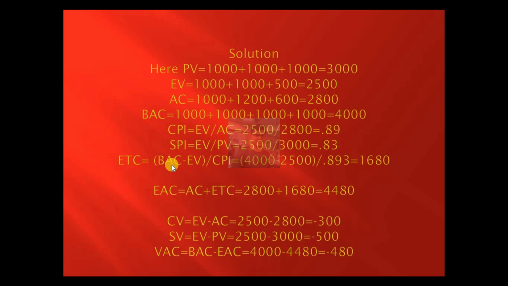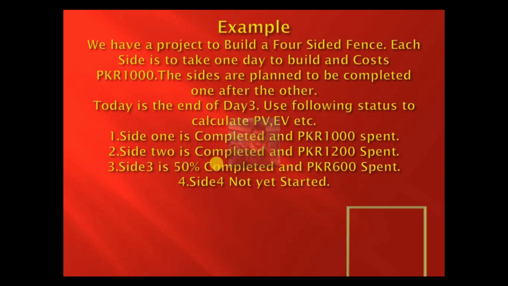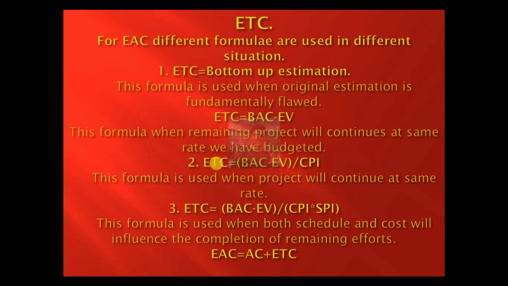Estimate to complete is budget at completion minus earned value, divided by CPI. It is 1,680 Pakistani rupees. For estimate to complete, I have taken the scenario that what happened in the past will continue at the same rate in the future also.